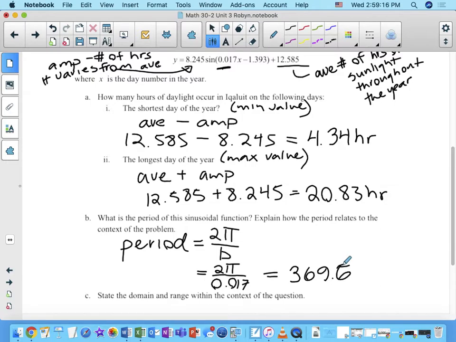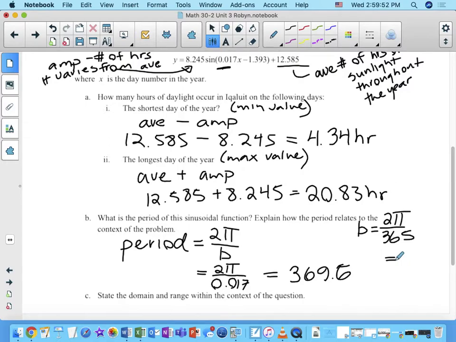So if we actually put in b equals 2 pi over 365, what decimal do you get? 2 pi over 365? I think that 0.017 is a rounded value. That's my guess. Does it round to the nearest thousandth to 0.017? Yeah, it does, okay? So you have to use a little bit of common sense. So the period probably is meant to be 365 days. Why is that significant?